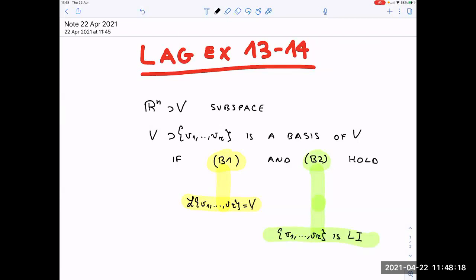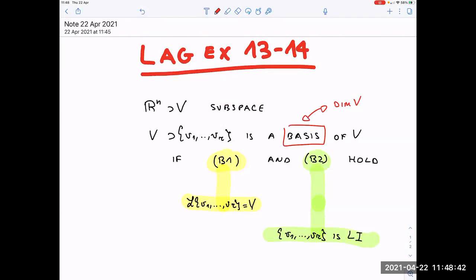We also know that when you have a basis, they all have the same number of elements. The number of elements in a basis is called the dimension. So the dimension of V is the number of elements of any basis.